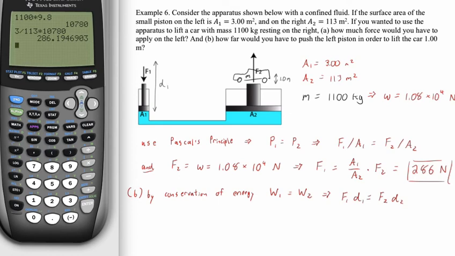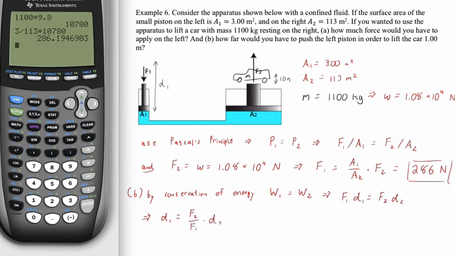And d2 is given as 1 meter. We know F1 and F2 from Pascal's principle, so we simply need to solve for d1. d1 is going to equal F2 divided by F1 times d2.